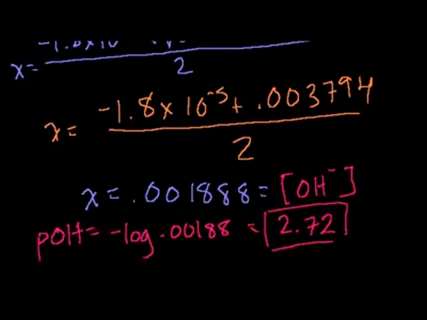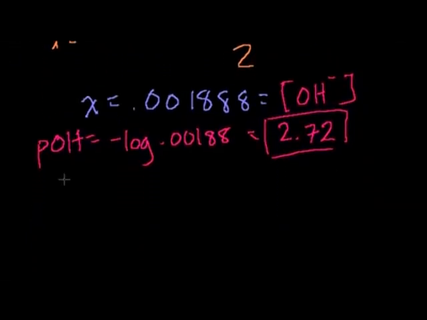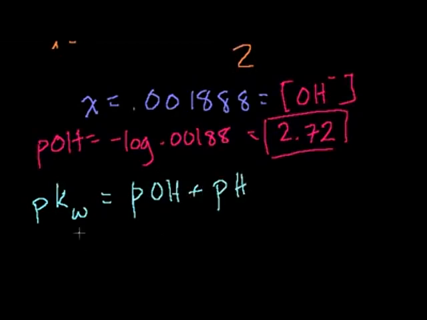And now, if we want to figure out the pH, so how much by concentration of hydrogen ions, just remember when you're in an aqueous solution at 25 degrees Celsius, your pK of water is equal to your pOH plus your pH. This at 25 degrees is 14, because you have 10 to the minus 14 molar concentration. Well, actually, I don't want to go into that. You have 10 to the minus 7 of each of these. But anyway, this is the equilibrium constant for the dissociation of water.